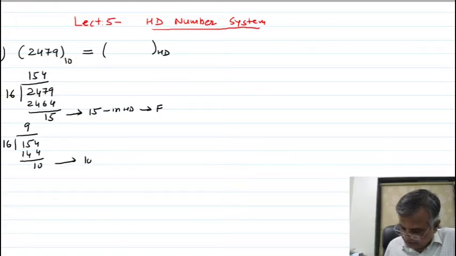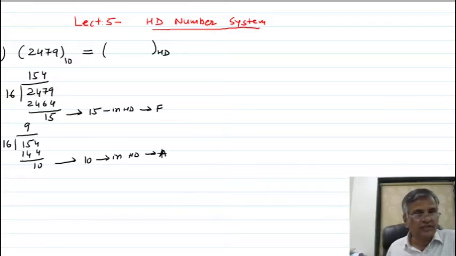The integer 10 in a hexadecimal number is written as A. So I should write remainder is A. Here remainder is 15, so remainder is F.